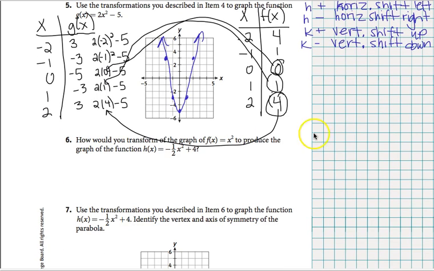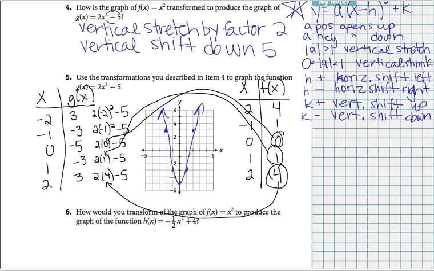All right, number 6, how would you transform the graph of f of x equals x squared to produce this graph? So again, all I'm doing, and I'm going to scroll up so I can see it, is I'm looking at this right here. And I'm saying, okay, I've got an a value that's negative 1/2. So that's two things. Since it's negative, the actual transformation, we don't say opens down, we say reflection in the x-axis.